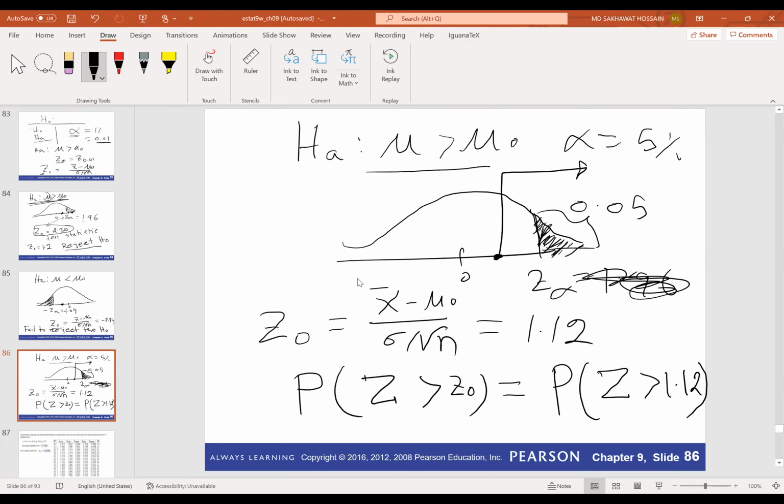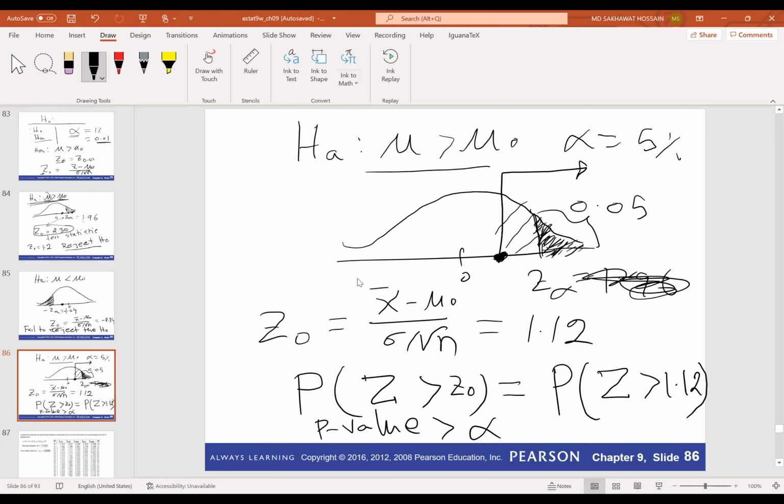Because the probability of z greater than 1.12 is this total area, and that area will be larger than the area of the rejection region. So the p-value will be greater than 0.05, that is, greater than alpha. And you can see that the test statistics is outside the rejection region.